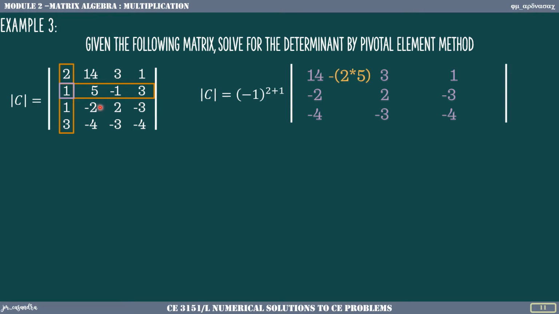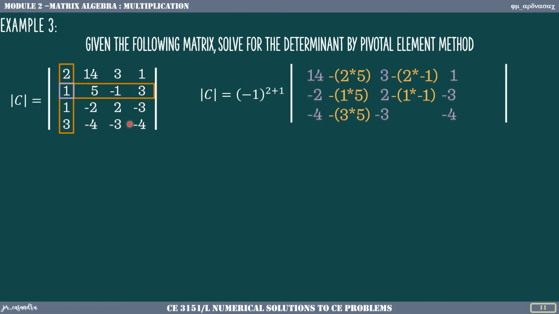For this element, we'll have minus 1 times 5. Minus 3 times 5. For this element, we'll have minus 2 times negative 1. This element will have minus 1 times negative 1.